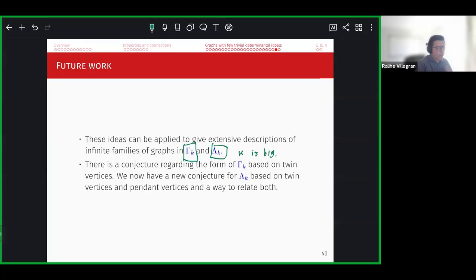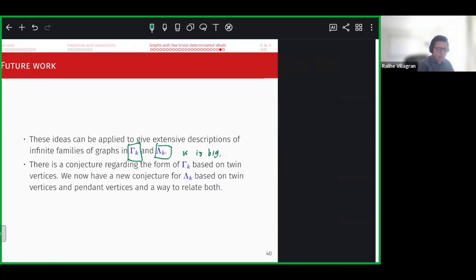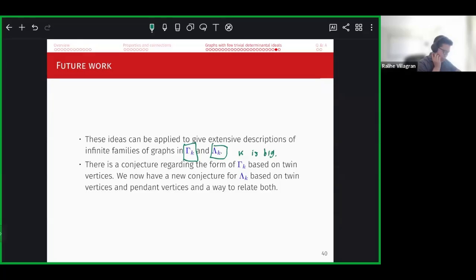There's a lot of work, conjectures regarding the form and properties of determinantal ideals, of critical ideals using twin vertices. And we now have a new conjecture on distance ideals, but using twin vertices and pendant vertices that relate to the previous work. And I can say more, but my time is off, I think.